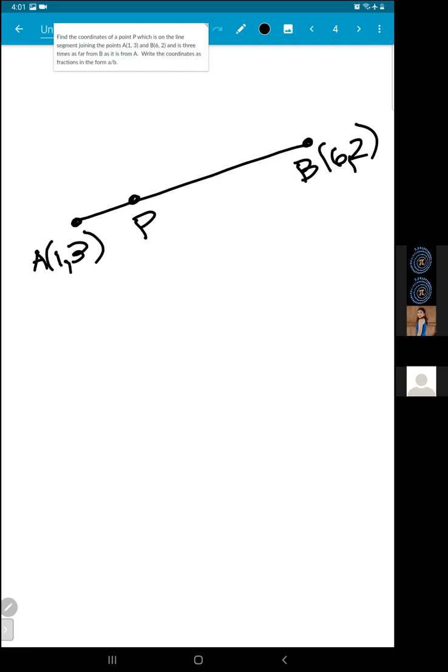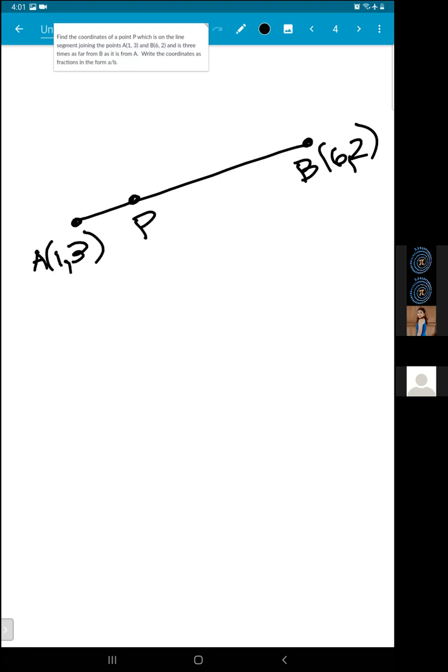It is 3 times as far from B as it is from A. So it's not nearer to A, farther to B. Okay.